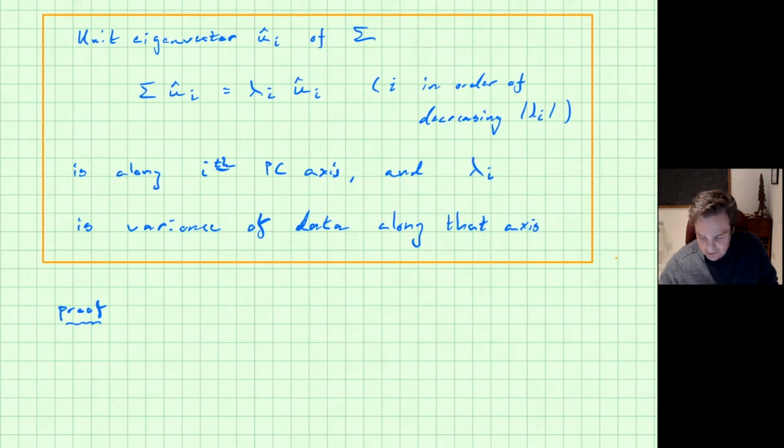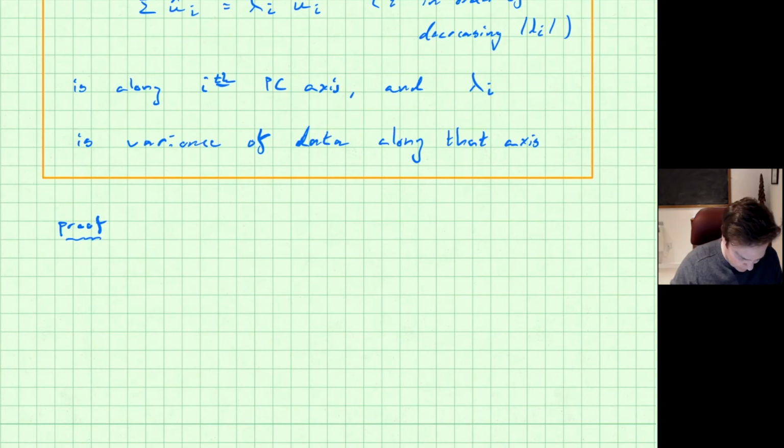Well, in statistics, the covariance matrix tells you something about the variation of the data along the principal component axes, and the eigenvectors are the directions of the principal components. So I think it tells you how difficult it is to vary the data in a particular direction. So it's important to understand that this is really true.